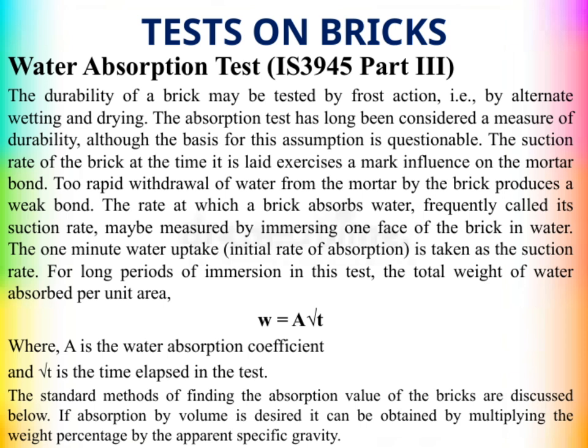Finally, if we need to determine absorption by volume, we can do so by multiplying the weight percentage of water absorbed by the apparent specific gravity of the brick. In summary, these tests on bricks give us valuable insights into their water absorption characteristics, which are key to understanding their durability and performance in various environmental conditions.